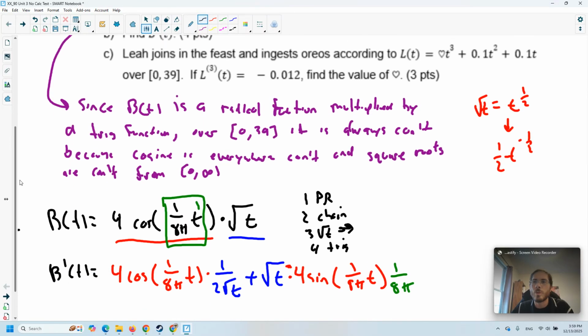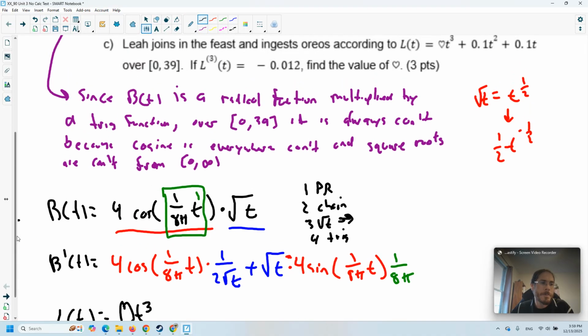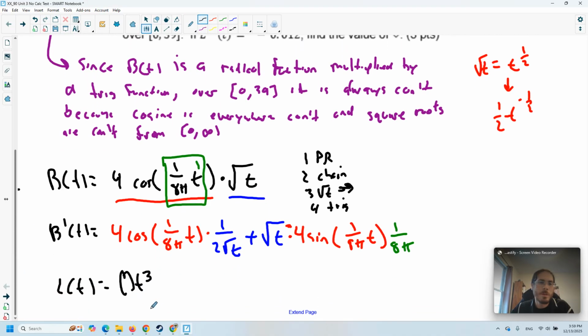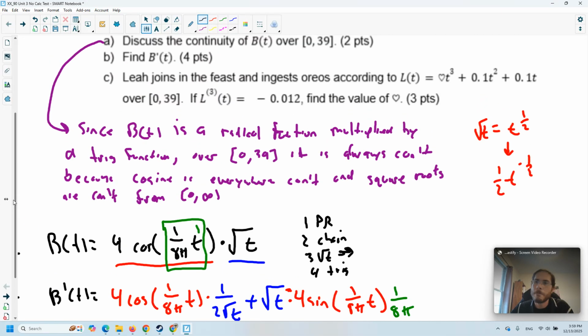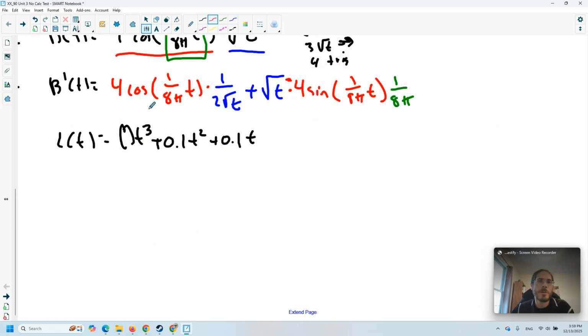Okay, so our L of t function is heart t cubed plus 0.1 t squared and then plus 0.1 t. So that's our L of t. All right, so we have to find L3 of t. So the derivative is the derivative.